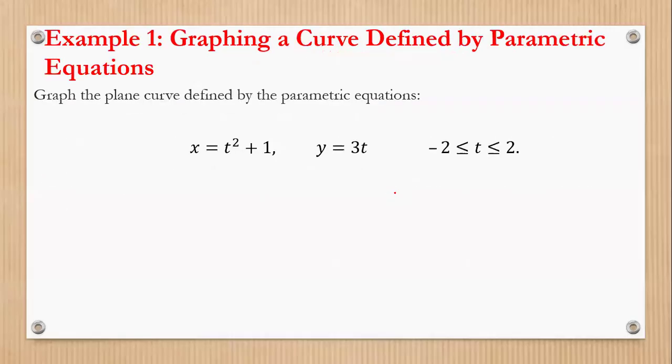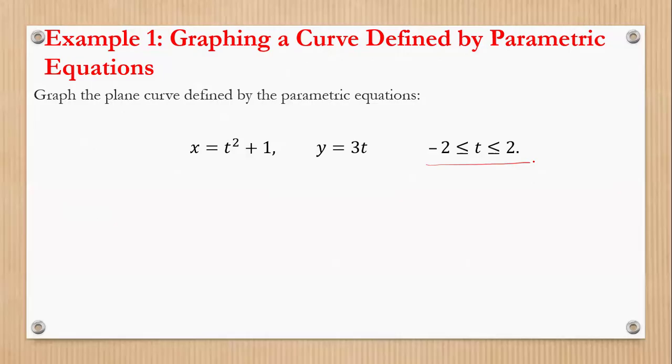So from the minimum to the maximum number that t can have, we show the direction of the curve. For example, we want to graph the plane curve defined by this parametric equation, and it says that t must be a number between -2 and 2, which means you can only replace numbers from -2 to 2 for t. In step 1, we need to find values for t to replace into these equations.